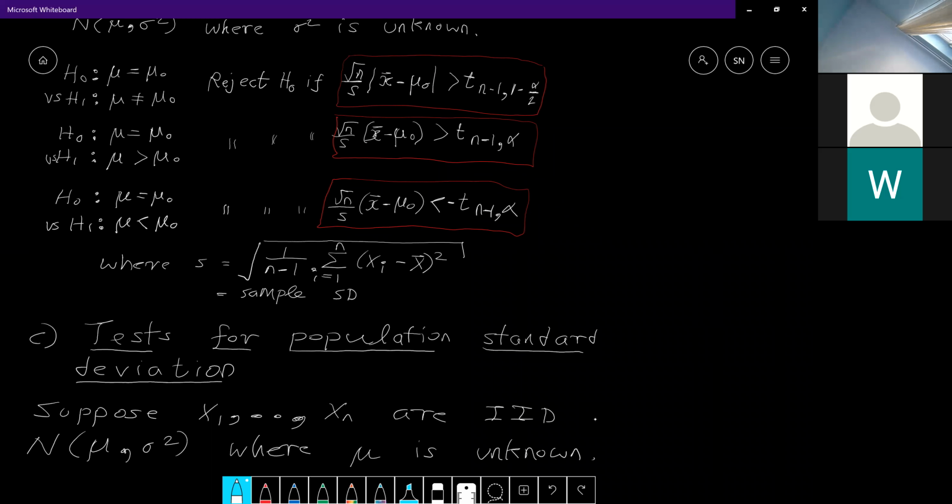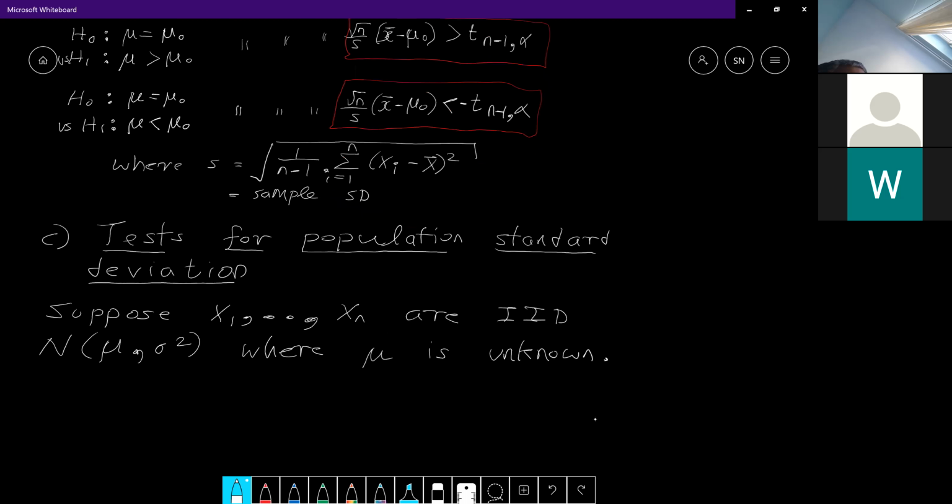And here we want to test for sigma. Remember, sigma squared represents the population variance. So sigma represents the population standard deviation. So we want to test for sigma.